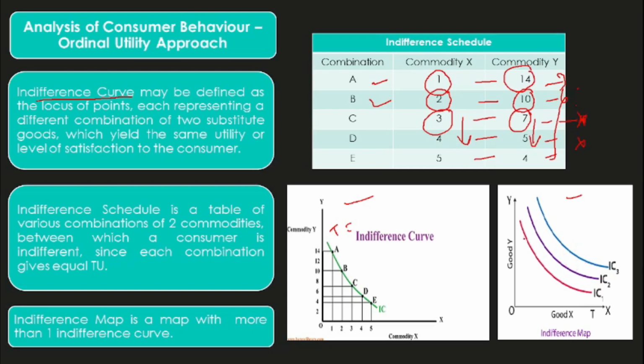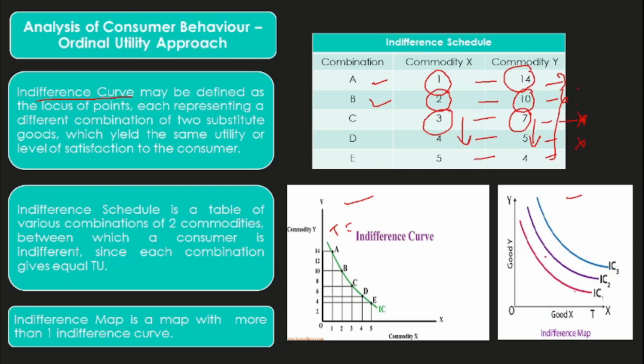This IC1 will hold so many combinations, each with various combinations of goods Y and goods X, and all of them will give the same level of satisfaction to the consumer.